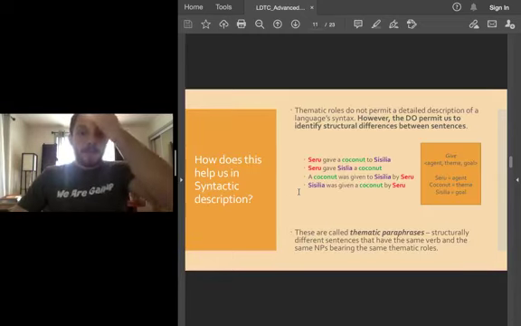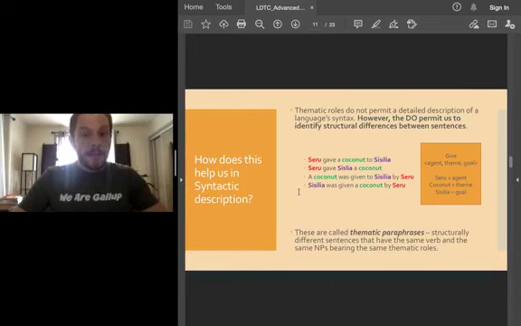So thematic roles themselves don't actually permit us to give any kind of detailed description of a language's syntax. However, they do permit us to identify structural differences between sentences that are otherwise very similar.